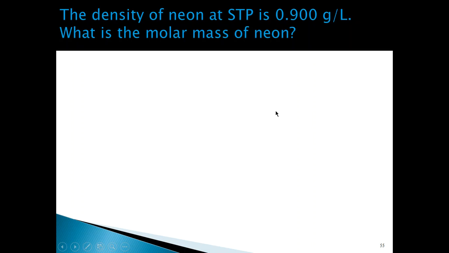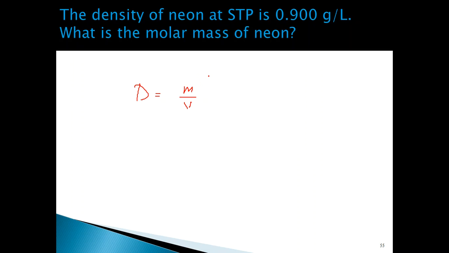This question gave you the density of a gas and is asking for the molar mass. Well, in this case, it's neon. Now, let me go to the pen mode here. So the question is asking for the molar mass. Now, we know that the density of any gas, or any substance for that matter, is equal to the mass divided by the volume, right?